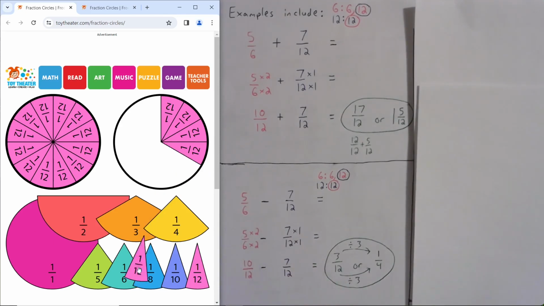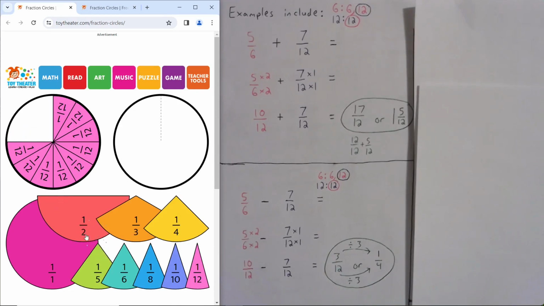But this time, we have it as a subtraction problem. So I'll show you what that looks like on the left side of your screen. So we start out with 10/12, and then we take away 7 of those 12s.